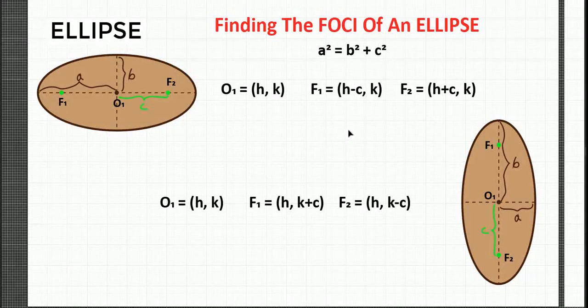Remember that. And when the ellipse is vertical, then the focus F1 would be at (h, k plus c) and F2 would be at (h, k minus c).